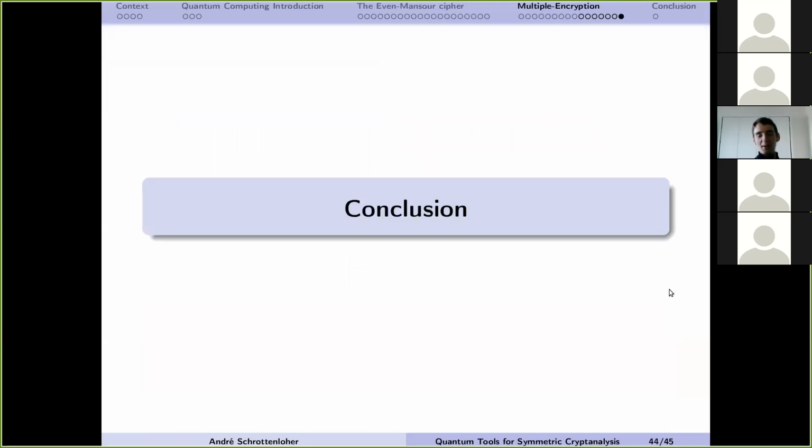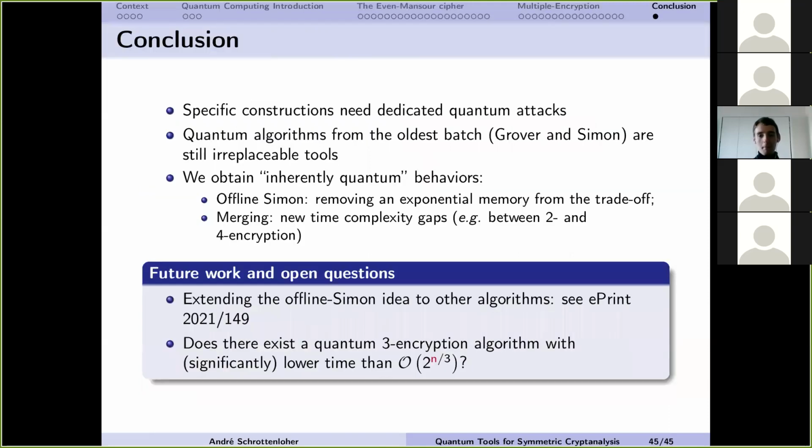Okay, so I'm going to get to a general conclusion on what I presented today. There are many specific constructions in symmetric crypto that have dedicated generic attacks, and the dedicated quantum attacks also need some investigation.